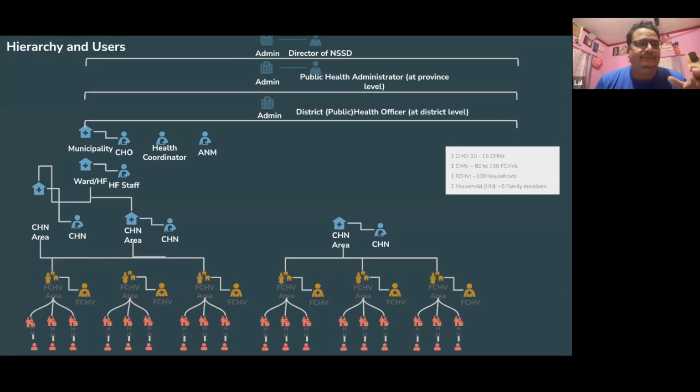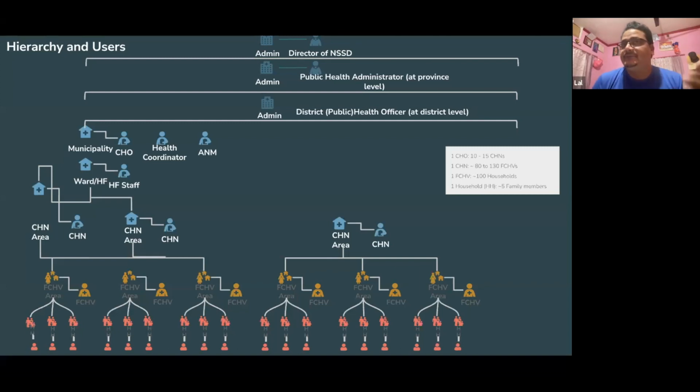At the municipality level, there is a CHO, which means community health officer, who basically oversees and manages the community health nurses.